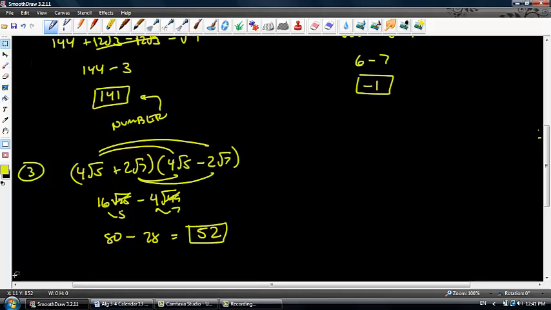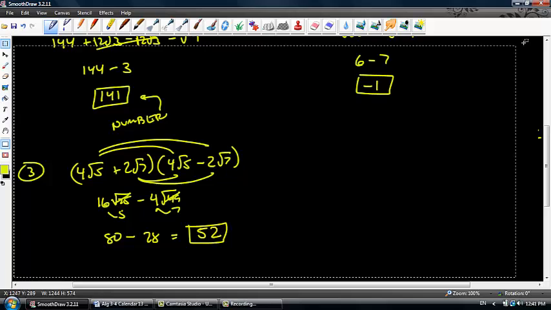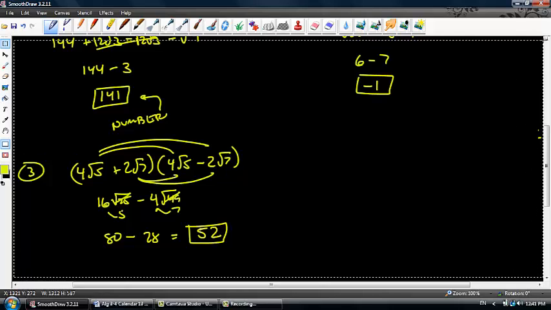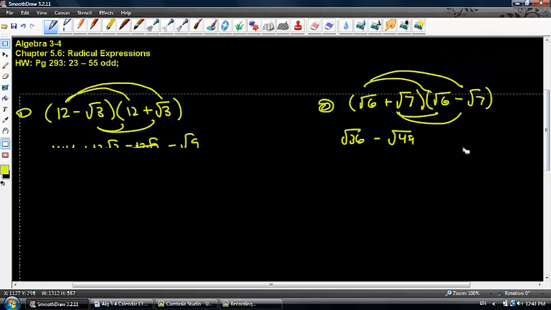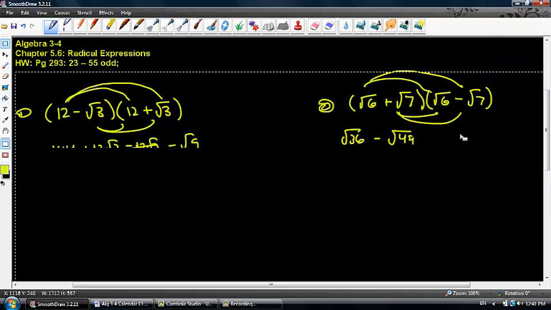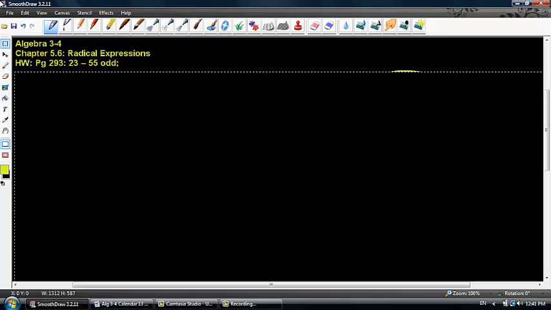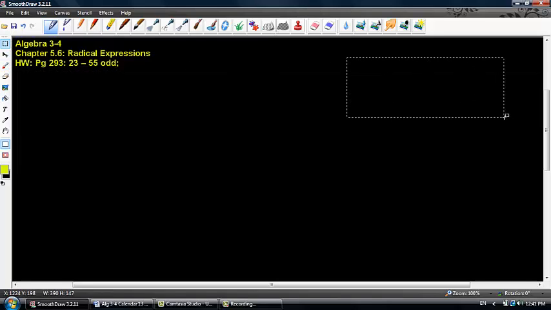Conjugates are used because of one of the rules, which appears more in algebra than it does in calculus, this idea of having to rationalize denominators.